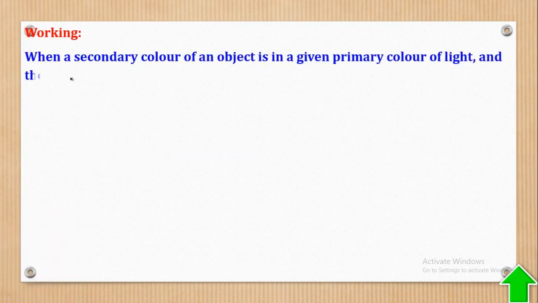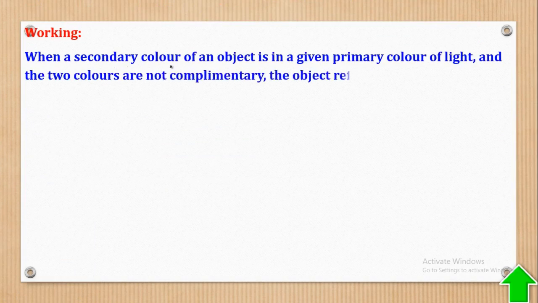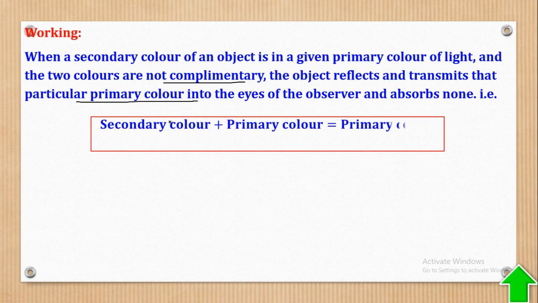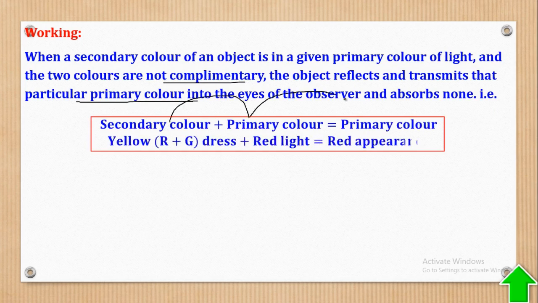When a secondary color of an object is in a given primary color of light and the two colors are not complementary, the object reflects and transmits that particular primary color into the eyes of the observer and absorbs none. So what does that mean? It means that secondary color plus primary color will give you that primary color.